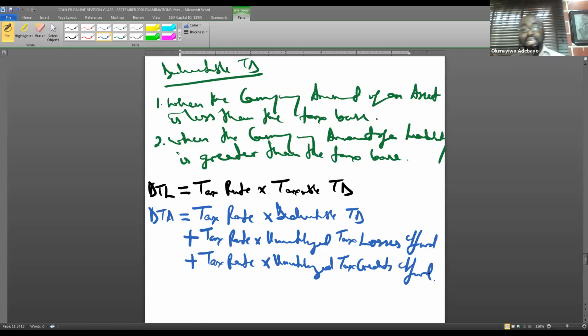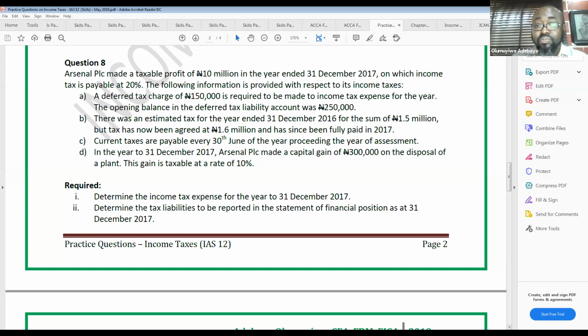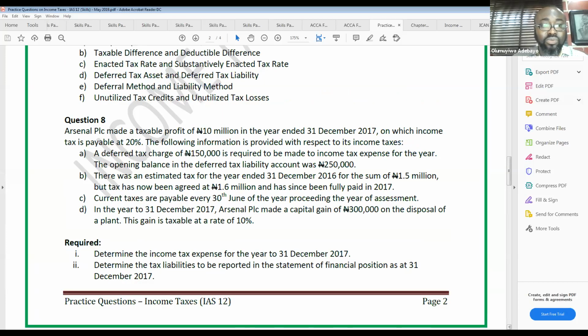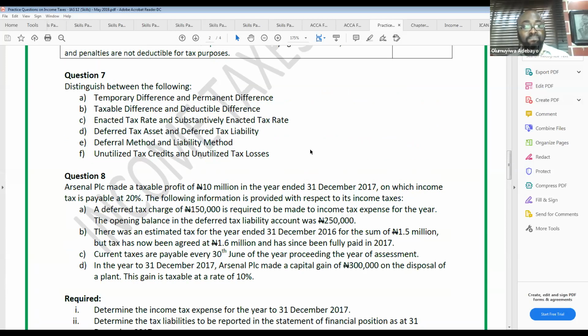Okay. Now, if it makes sense, let us briefly come here. And I want somebody to give me a little explanation or answer, as the case may be, on this question. This question 7.